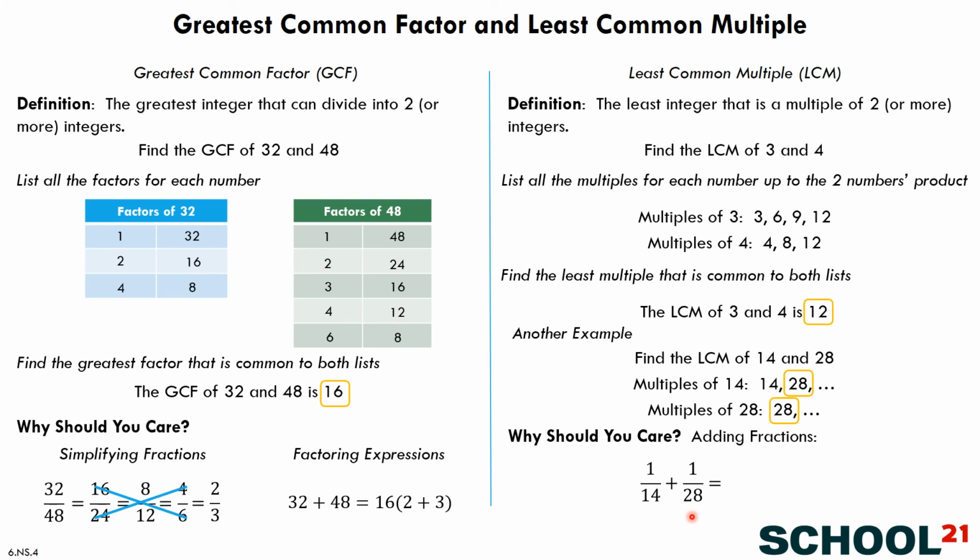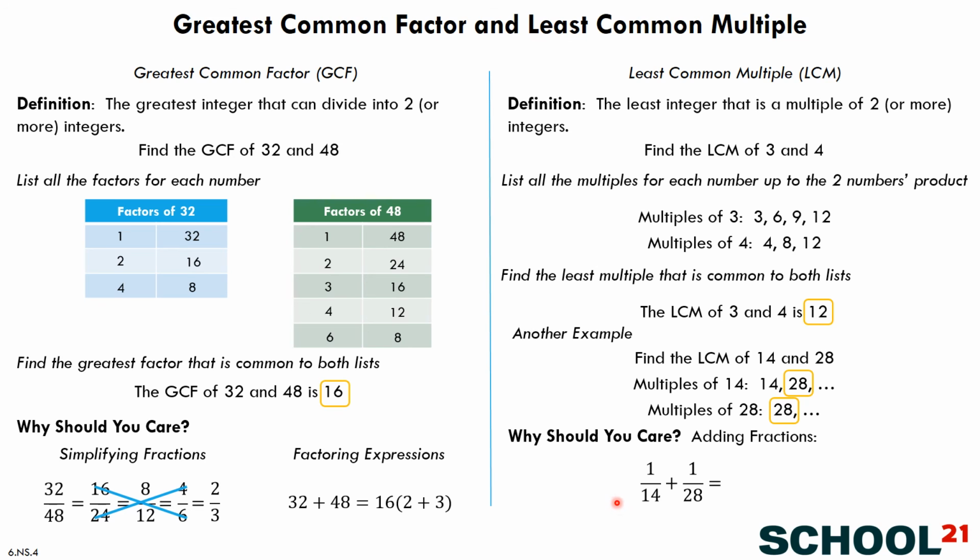Well, gosh, that would be a lot of work, and then after you added them up, you'd have to simplify your fraction. Instead, for your common denominator, you want the least common multiple. So the second fraction already has the least common multiple as its denominator.